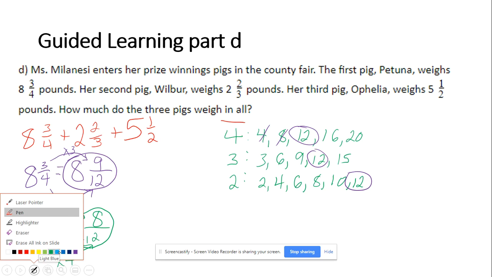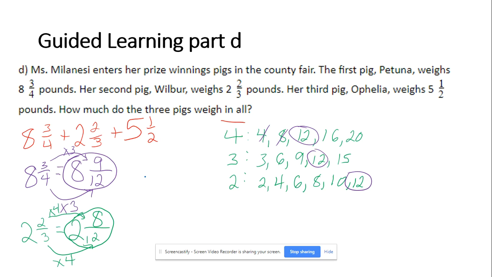Finally, let's see, we'll do blue. 5 and 1/2, we're going to rewrite as 5 and something over 12, because that's our common denominator. 2 times 6 equals 12, so we're going to multiply by 6 on the numerator. 1 times 6 is 6. So we have 5 and 6/12.